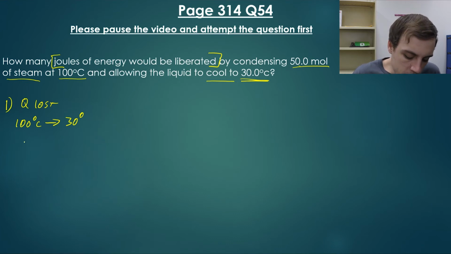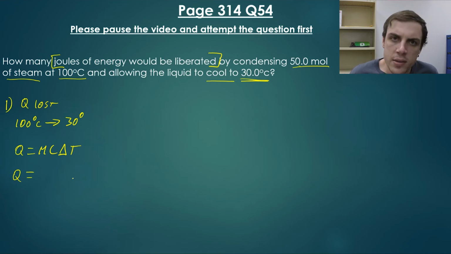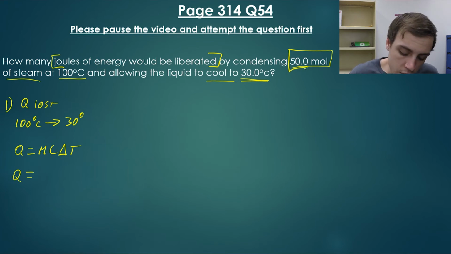So the first thing we do is Q is equal to mc delta T. So we want the amount of energy released, so we'll keep that as Q. So the mass, we don't have the mass, but we do have the moles. So what we can do is we can go moles is equal to mass over molar mass.